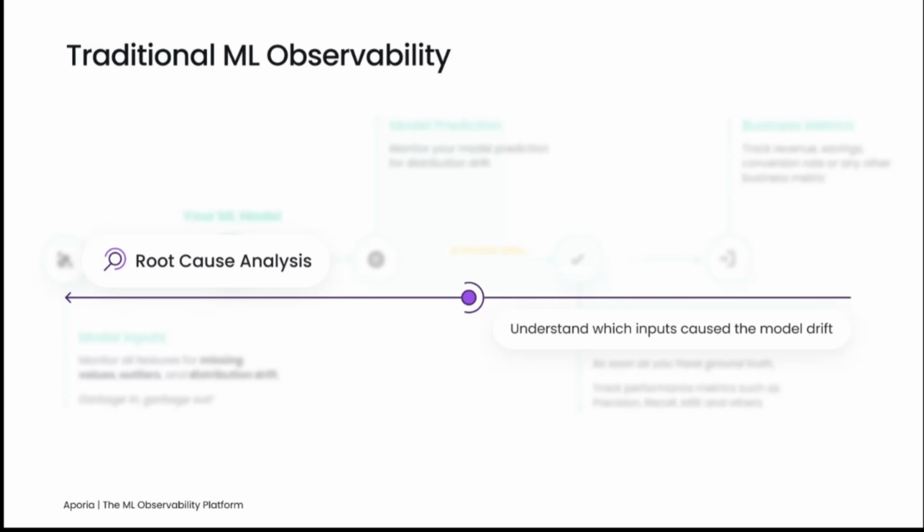Okay. Just maybe one point before we actually go to a demonstration. Usually when you debug issues in machine learning models, the route that we saw, that we start from model inputs to predictions to performance to business metrics, it's actually the other way around, right?